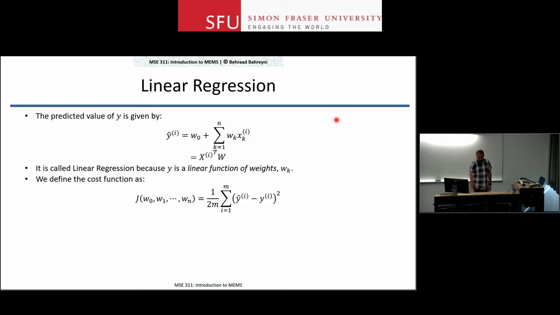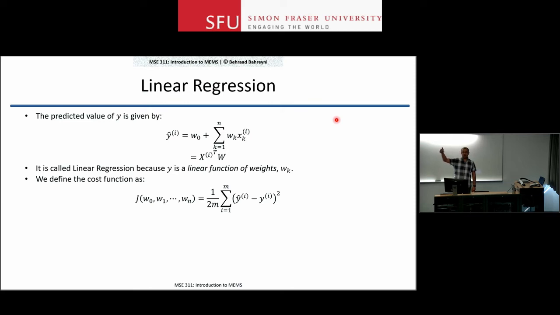Now, the cost function we define here, and again, you've seen it before, is the sum of the squares of the differences between the predicted values and true values. So for each input vector x, I get a corresponding value y from my input data. I also calculate a value y. And then the cost function says, what is the difference between what I calculated and what the true value was?